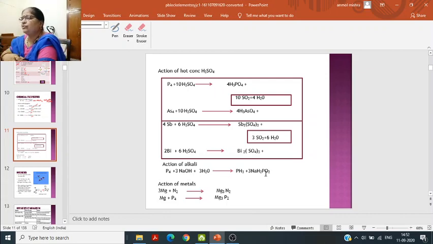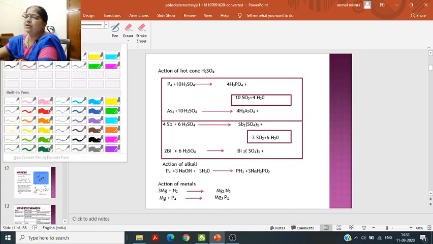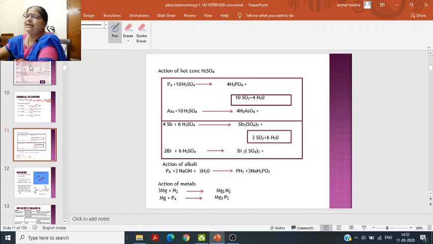Now action of hot concentrated sulfuric acid. This is again the same; there nitrogen dioxide and water were formed, here sulfur dioxide and water are the common byproducts. Phosphorus gives phosphoric acid, arsenic gives arsenic acid, and sulfur dioxide and water are common. Antimony gives antimony sulfate, bismuth gives bismuth sulfate.